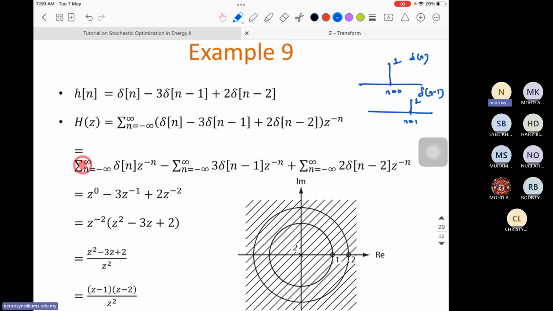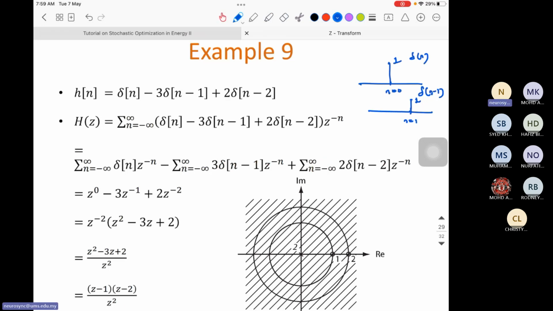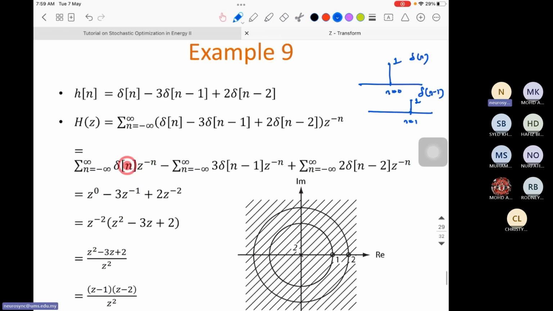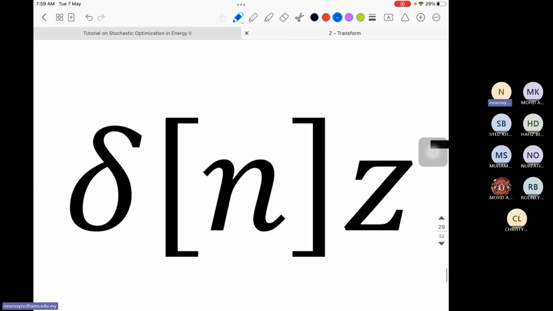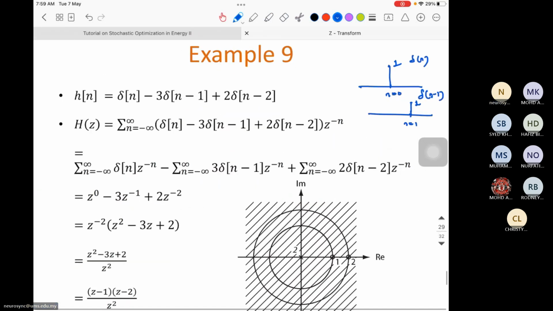So we will get this. Now this only exists at n equal to 0, so I can directly write this is 1. The magnitude is 1 at n equal to 0. Therefore, this is z to the power 0, the first term.